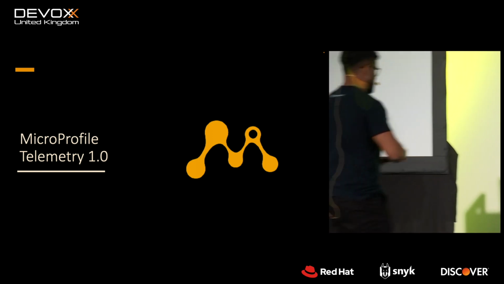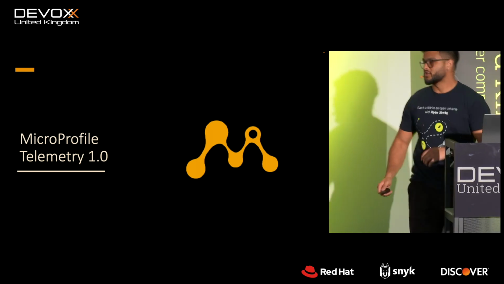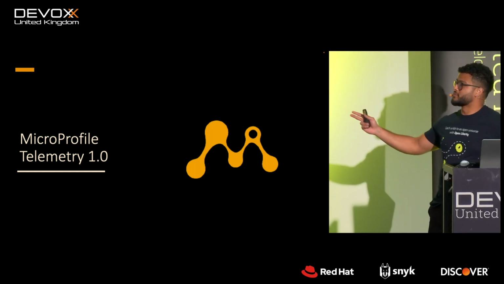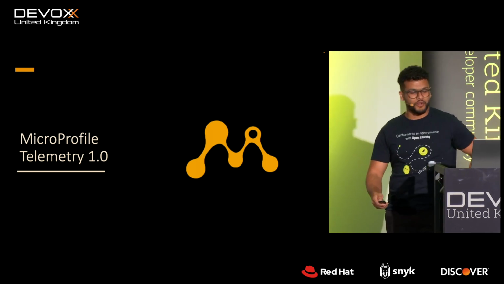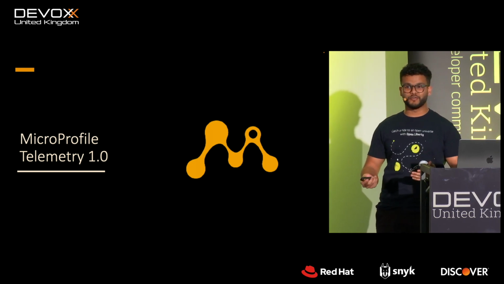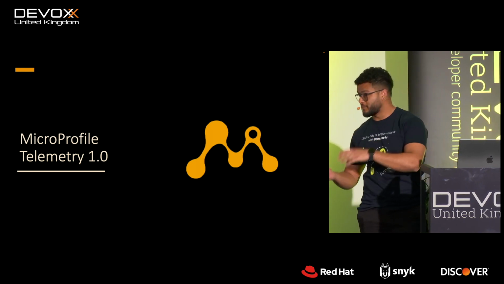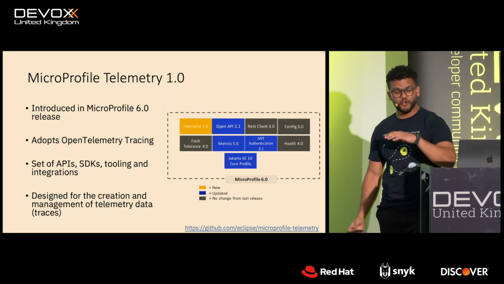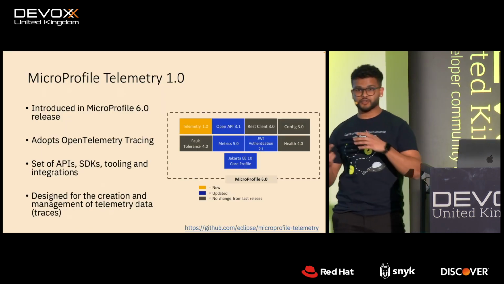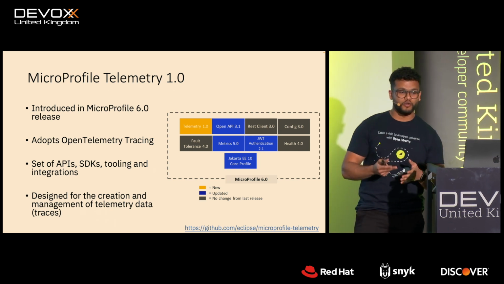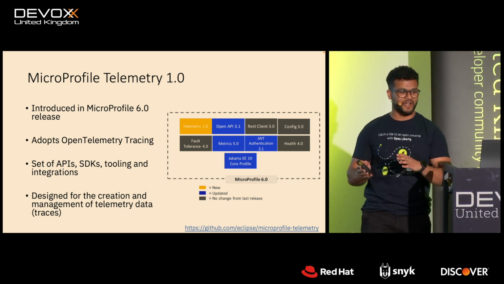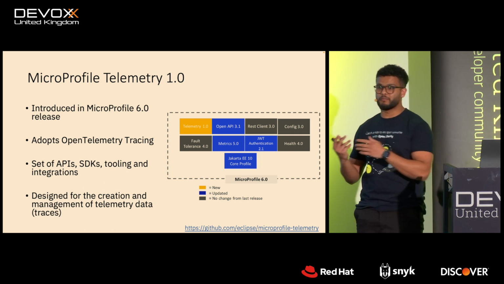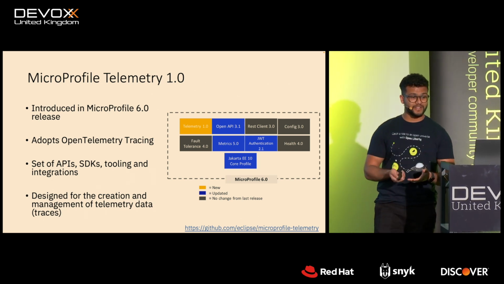Yeah, cool. So like Grace mentioned, you know about OpenTelemetry. Now we'll go into MicroProfile Telemetry 1.0 and what exactly it is, how it's improved observing applications. So it adopts OpenTelemetry tracing. So your MicroProfile applications, I'll say MP for now, just because it's easier, benefit from both manual and automatic traces.